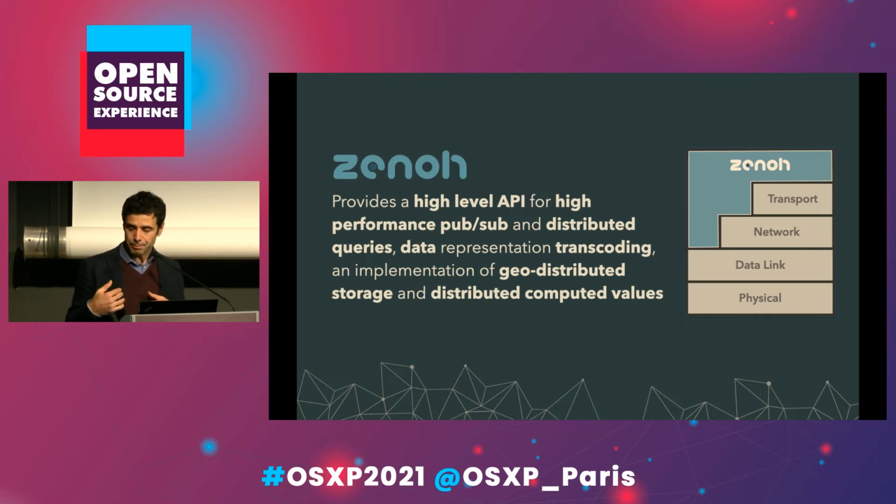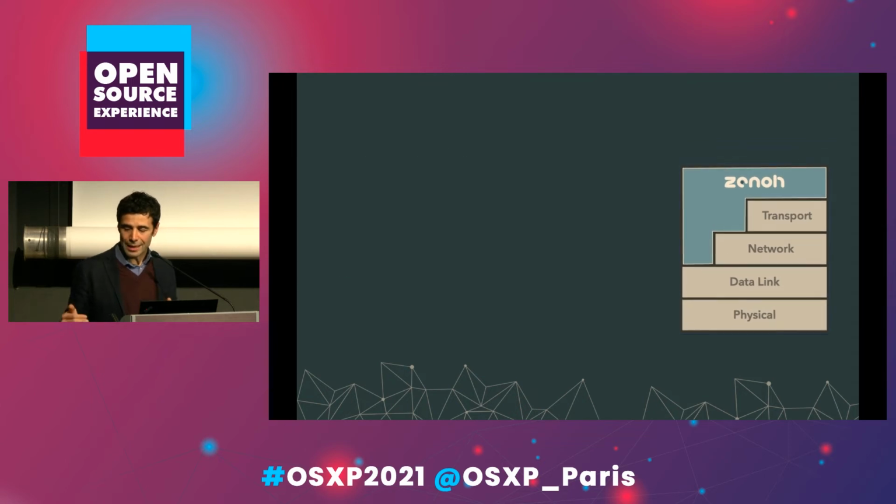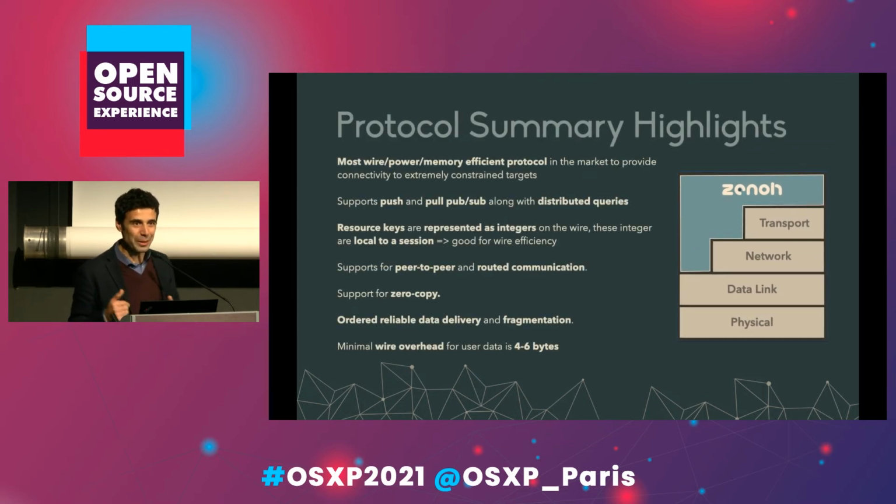And then in terms of the key protocol highlights, I need to go a little bit quickly because we have quite a bit of material to cover, but there are plenty of presentations online. The protocol is extremely wire efficient. If you look at the wire overhead, we have 5 bytes of wire overhead on top of your data, okay? How do we do that? Well, I give you a quick example.